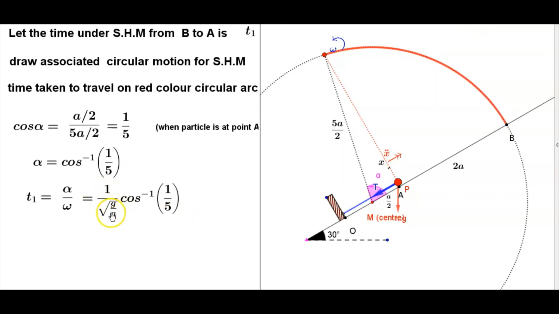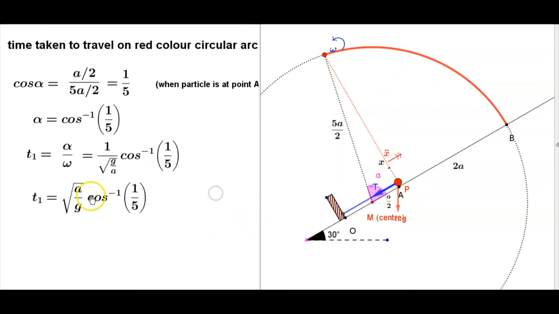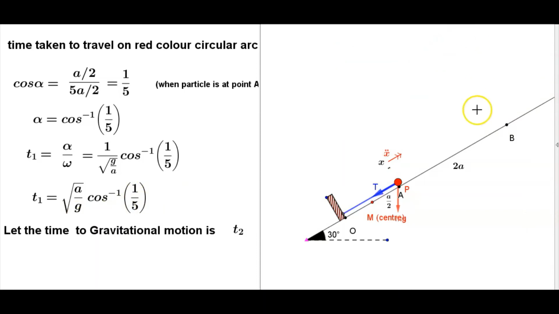This is 1 over omega into alpha, where alpha is cos inverse 1/5. Therefore, T1 is equal to square root of A over G times cos inverse 1/5. This is the simple harmonic motion time.